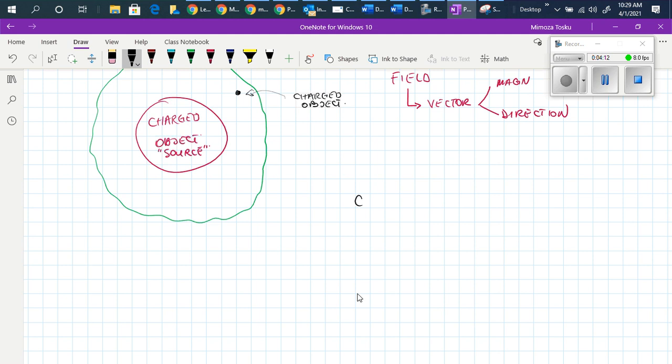So the conditions for test charge are: one, the charge of the test object has to be way, way smaller than the charge of the source.